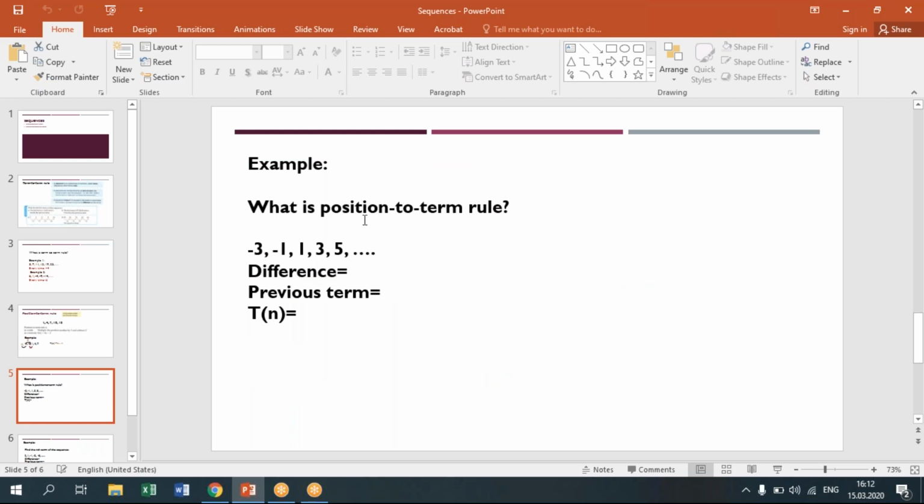What is the position-to-term rule for the sequence negative 3, negative 1, 1, 3, and 5? First of all, what is the difference between each of these elements? Negative 3, negative 1. What do you think? Yeah, exactly, 2. From negative 3 to negative 1 only if we add 2 every time. So the difference is positive 2. Let's write it here.